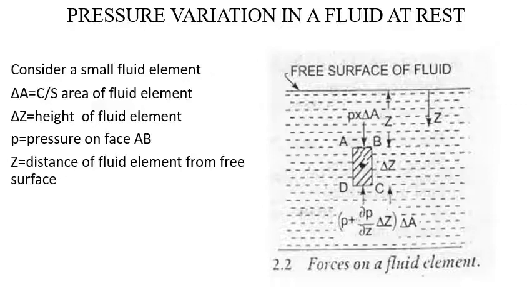Now consider a small fluid element A, B, C, D. The cross section area of that fluid element is delta A, and delta Z is the height of the fluid element. P is the pressure on face AB. This Z is the distance of the fluid element from the free surface. The same thing is indicated on this figure.